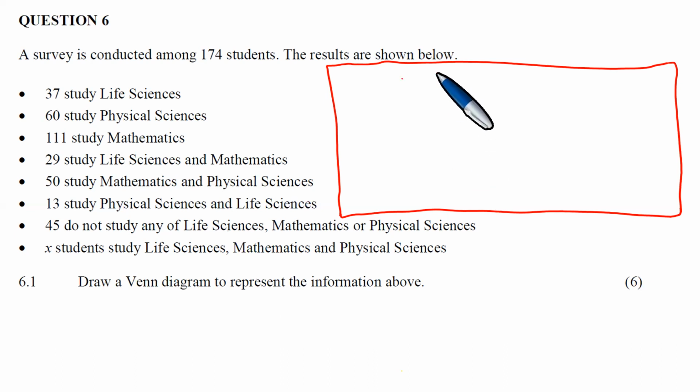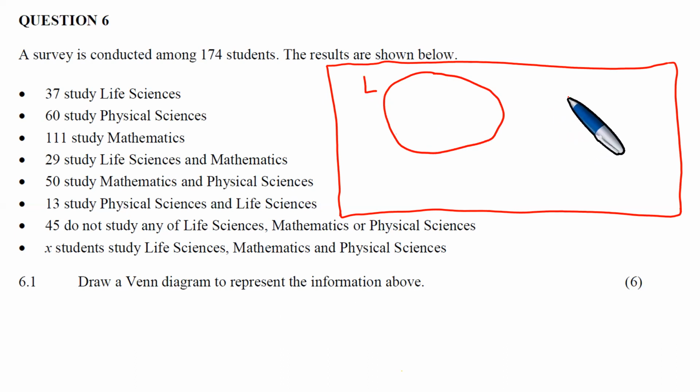Now, we say the students who do, for example, life sciences, let's call that L. And then there are those students who decide to do physical sciences.